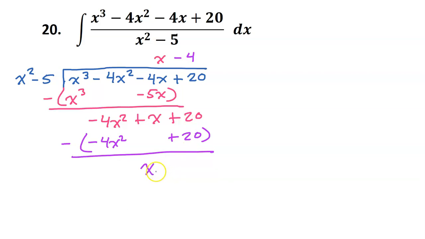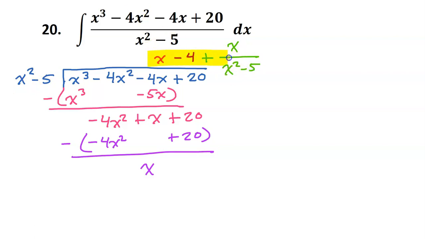This is going to be the remainder because the degree here is less than the degree of what I'm dividing by. So I'm going to go ahead and write this as a remainder, and we put the remainder over the divisor. So I have x over x squared minus 5.